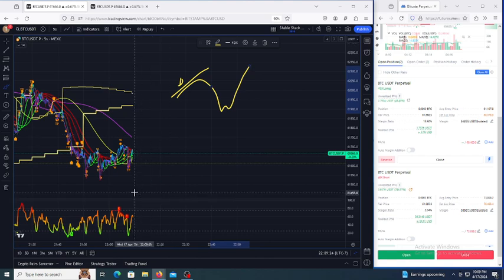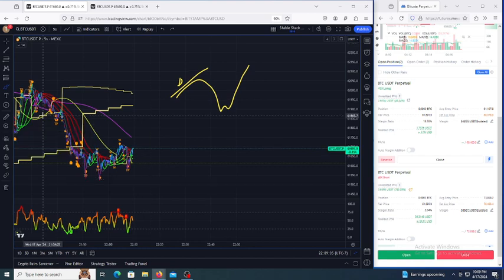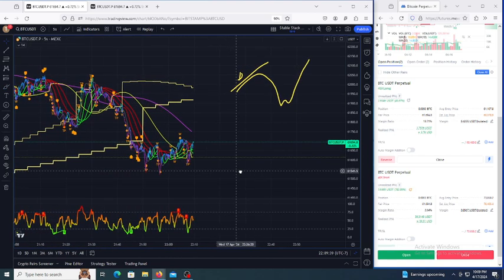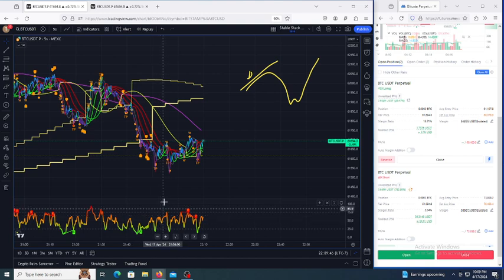Now you also have to look at where the divergence is on the screen, like the level that it's at in this chart.